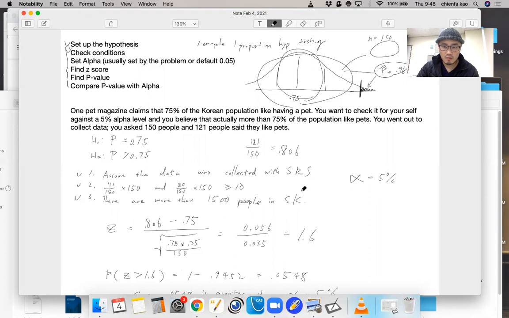Well, I should probably erase this 96. I just made that up. That's not true. Okay, so this problem is saying this. Based on the assumption, if it's 75%, it's a normal distribution because all these conditions applied.